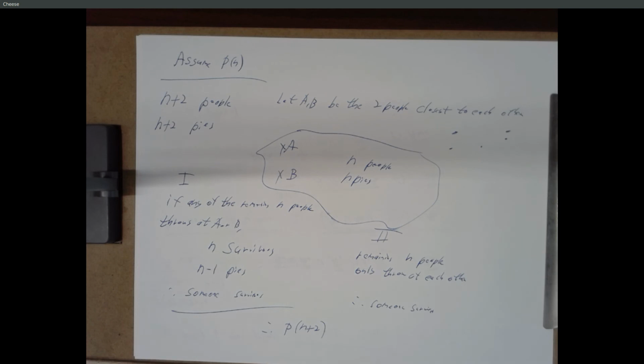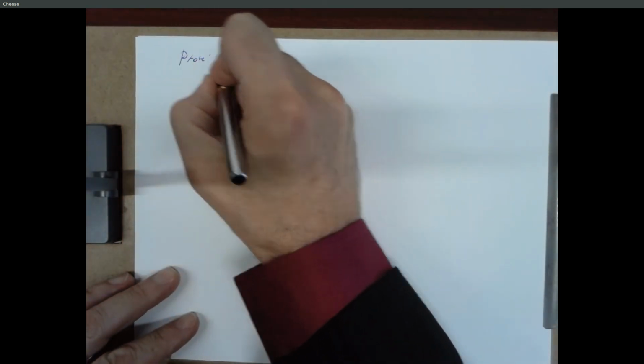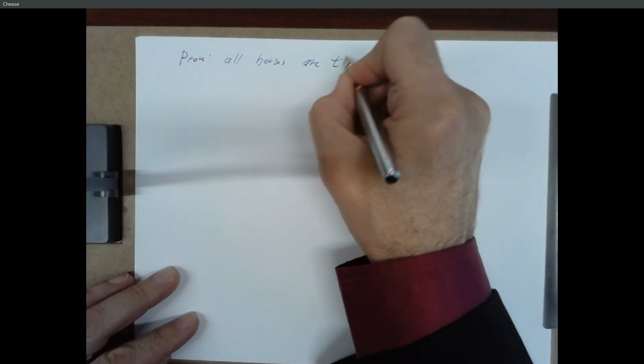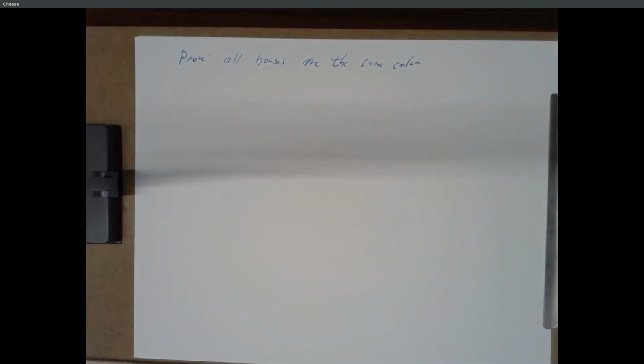All right, so we got 6 minutes. Let me leave you with something to think about. So let's prove all horses are the same color. So if you've seen a brown horse, every horse in existence is brown.